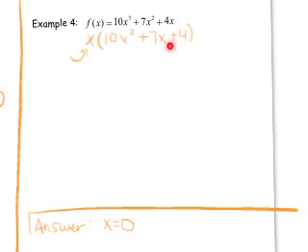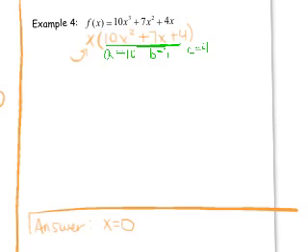All right, what's left over this time is a full-on quadratic. It has an a term, a b term, a c term. This is not as easy as the past two. You can't just set it equal to 0 and go. This one, we must apply the quadratic formula to 10x squared plus 7x plus 4. So I'm going to say a is 10, b is 7, and c is 4.